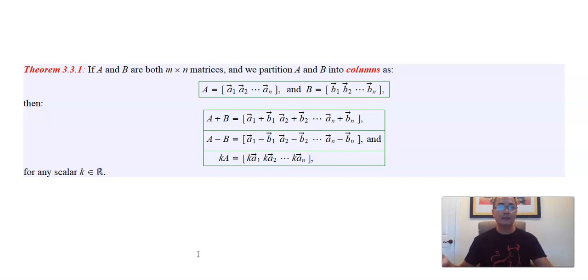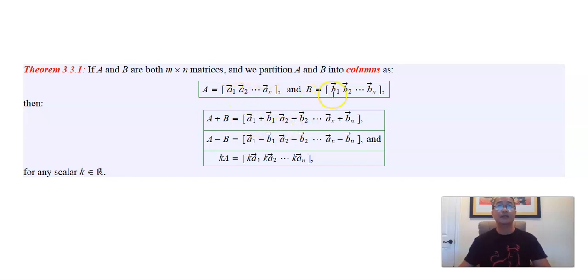So here's another way to think about addition and scalar multiplication of matrices. Suppose you partition A and B into their columns. A1, A2 to An are the columns of A, and B1, B2 to Bn are the columns of B. Then, what is found in A plus B? Simple. In column 1, you will find A1 plus B1. In column 2, A2 plus B2, and so on.